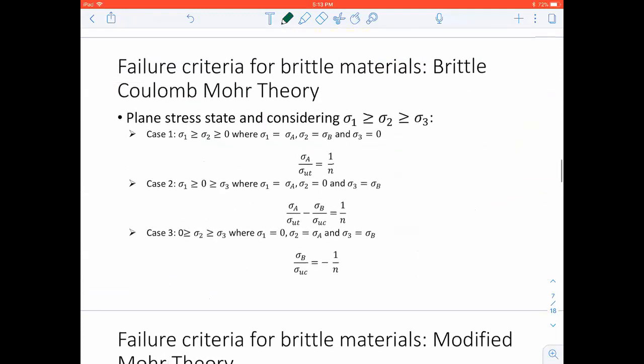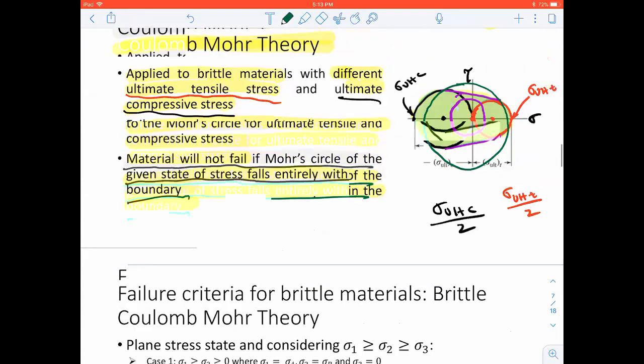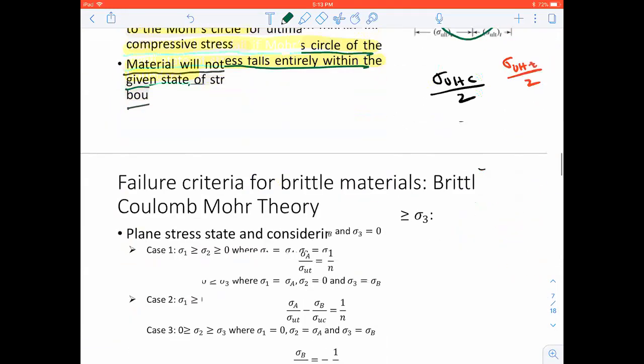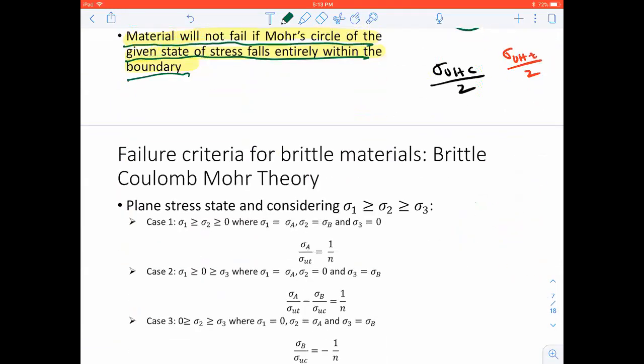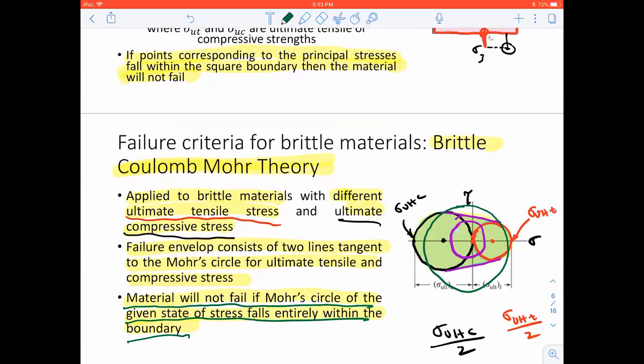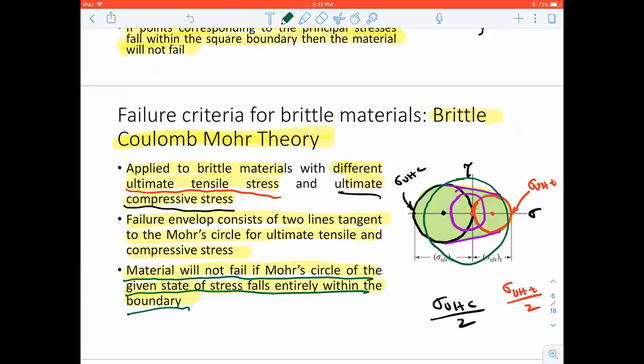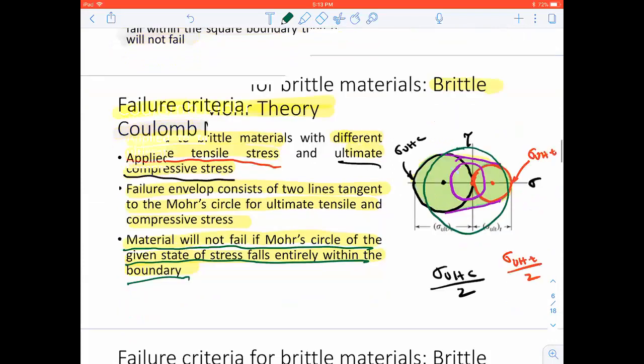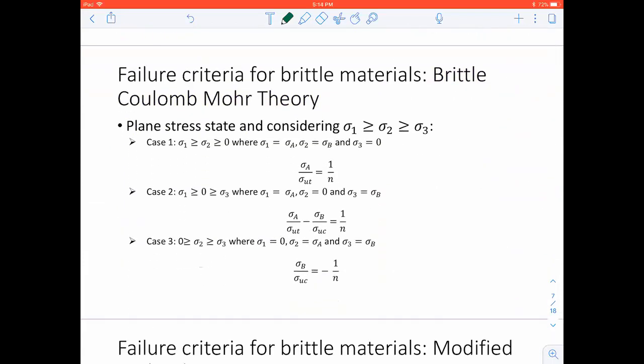All right, this is for brittle Coulomb-Mohr theory. Either you can do it by drawing the Mohr circle, which we'll look into next class, or you can use the equations if you have the problem as a plane stress state.